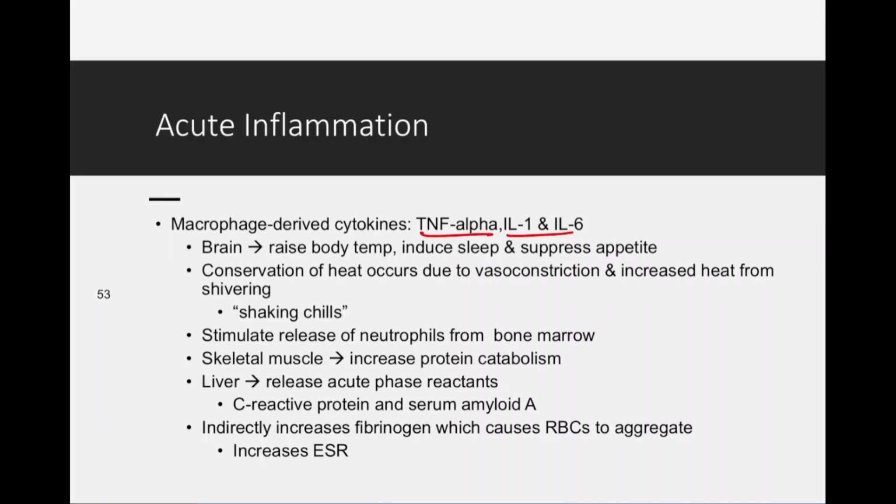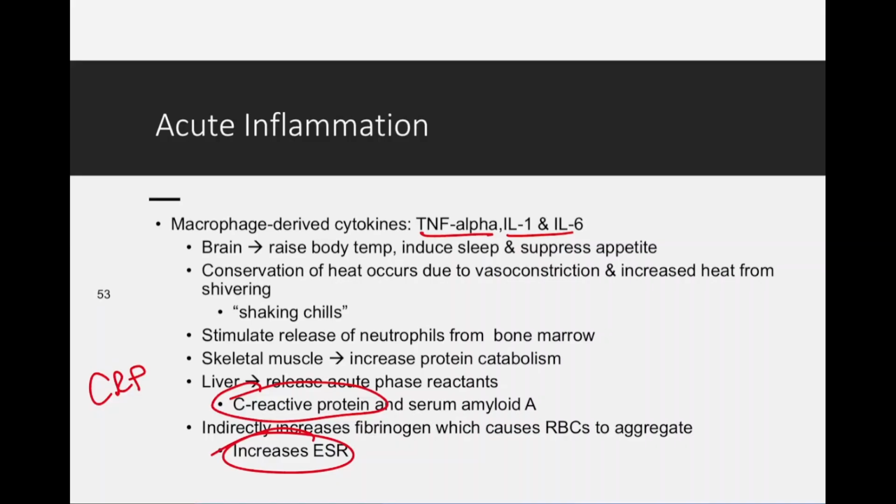Liver, acute phase reactants. These are your inflammatory labs. CRP. You draw that when you want to look at the inflammation in the body. ESR, elevated sedimentation rate, is another marker of inflammation in the body.